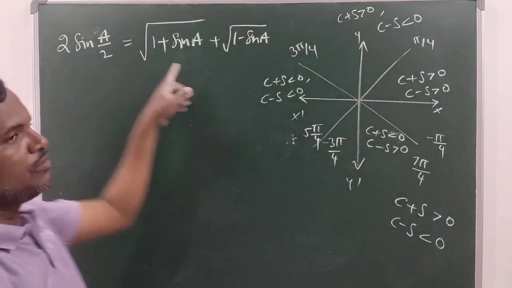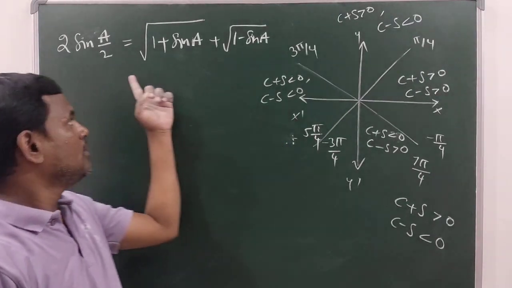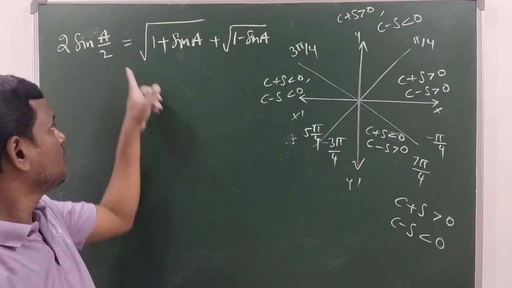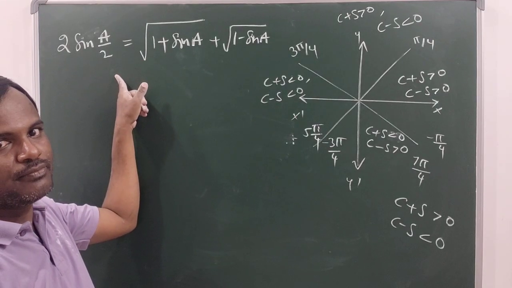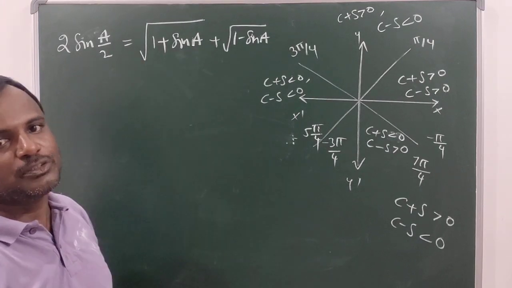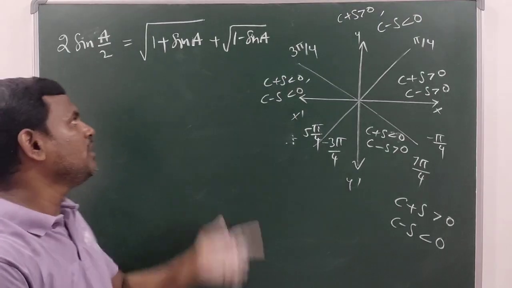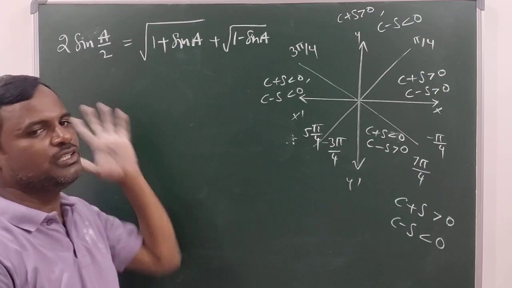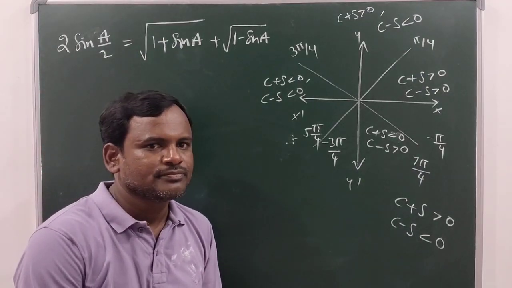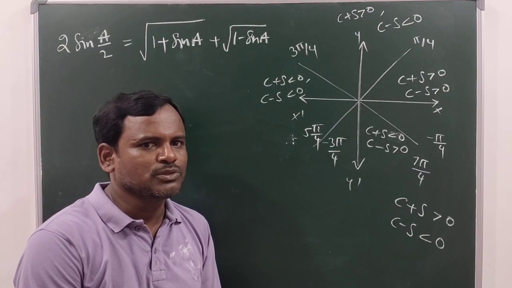In which interval of a by 2 is this expression true? Find the interval for a by 2 in which this is equal to this. Same as the previous question.